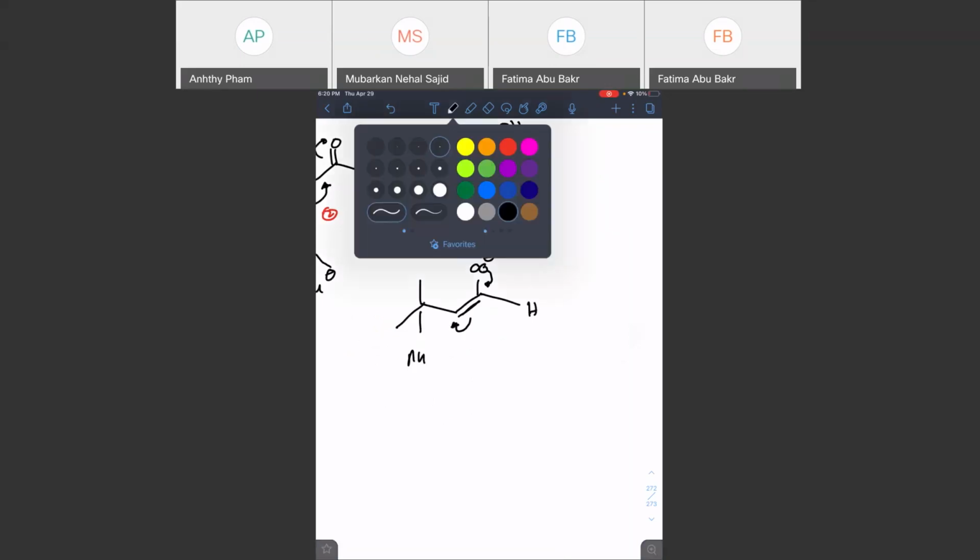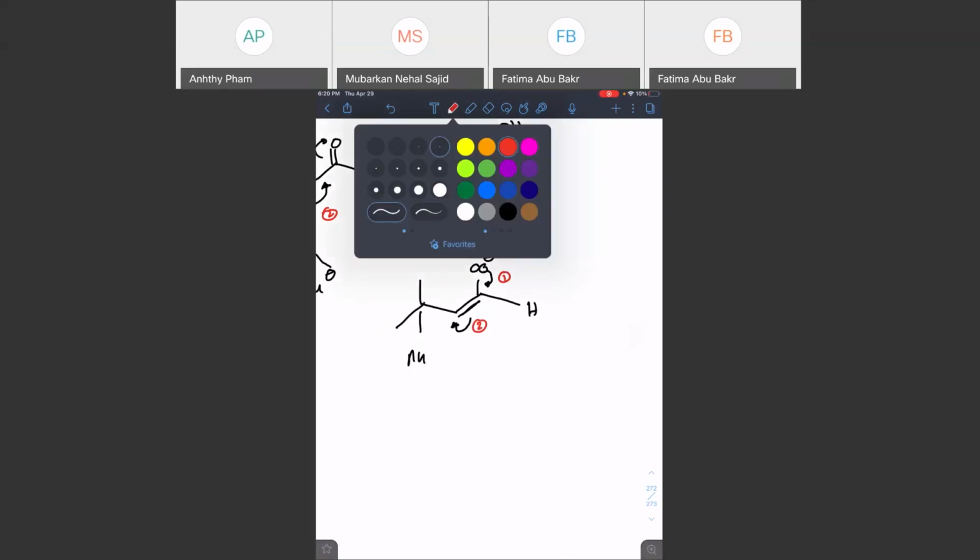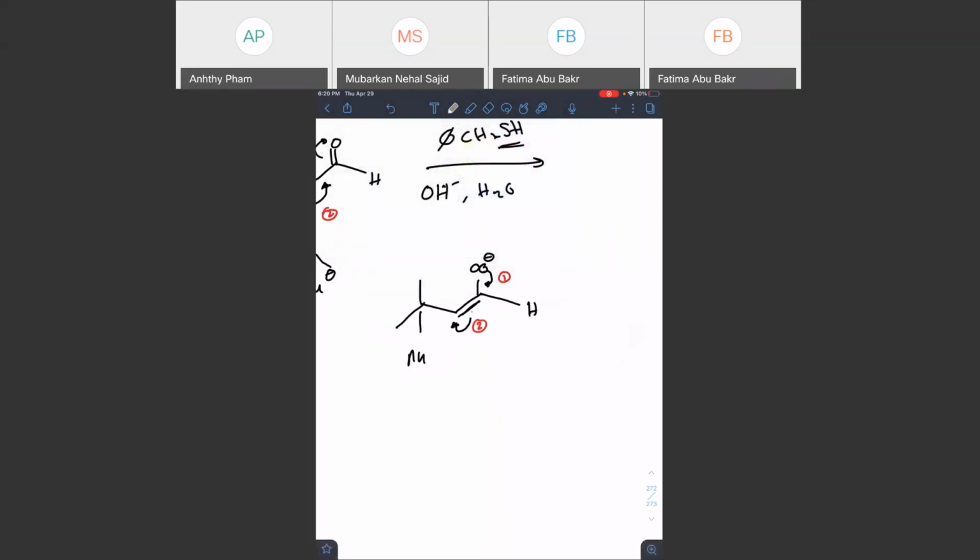So this is the first step that happened and it triggered 2. And obviously in this case, here in gray, it's not allowed to go all the way onto here because that would break octet at this carbon again. So that's why it's forced to become a lone pair like that.